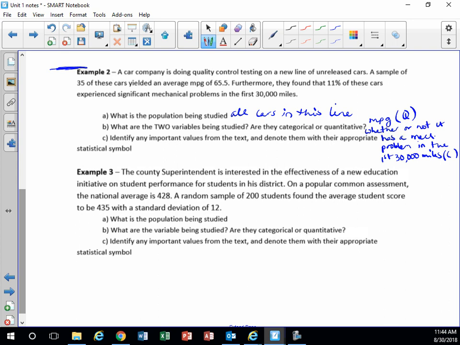Okay. And then identify any important values and use the right statistical symbol. So what are you going to tell me? N equals 35. Okay, your sample size is 35. That is good. What else? What is the 65.5? That is X bar. Excellent.